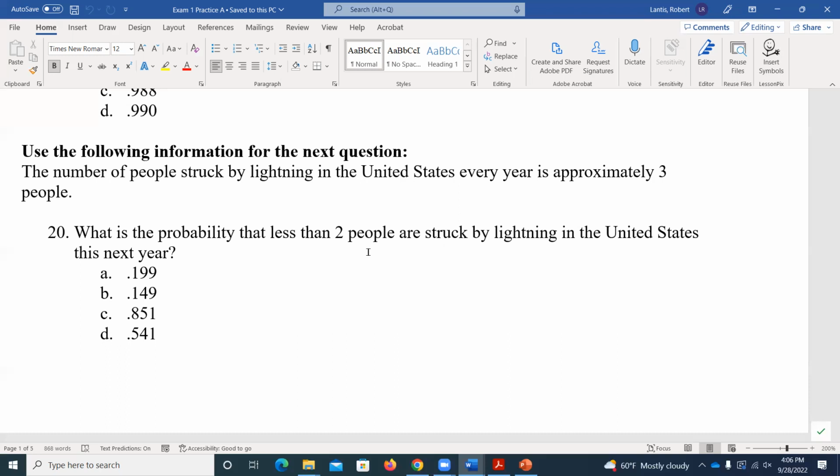Once we have that new lambda, the new average rate for our new time interval, it's exactly what we're doing before. So here, if the average every year is 3, how would I find the average number of people struck in the next 2 years? 6, right? I'm just multiplying that by whatever factor gets me to this new time period.